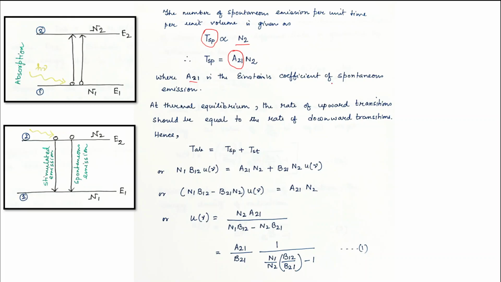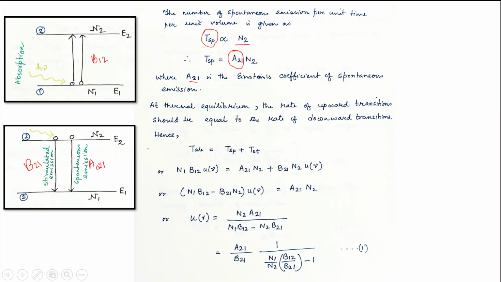It is the Einstein coefficient of spontaneous emission. Now we have introduced all the A and B coefficients. So let us just recapitulate. For absorption, the coefficient is B12. For stimulated emission, the coefficient is B21. And for spontaneous emission, the coefficient is A21.